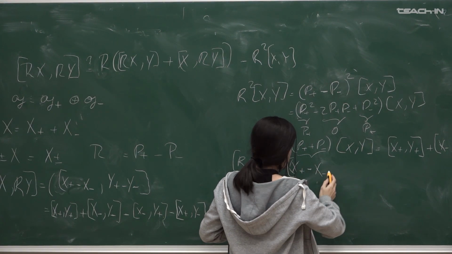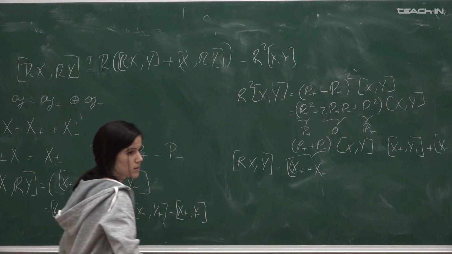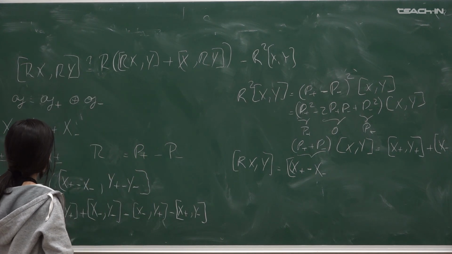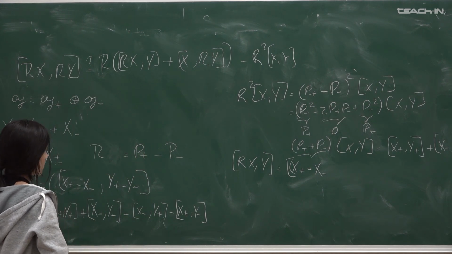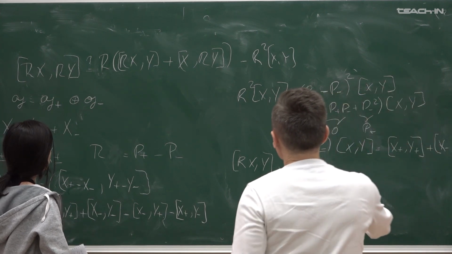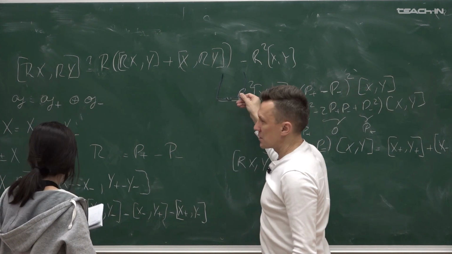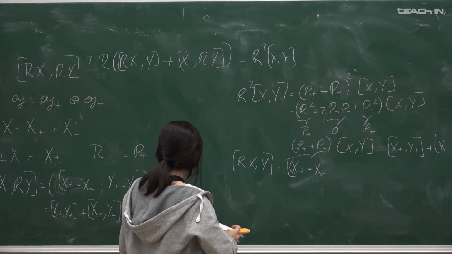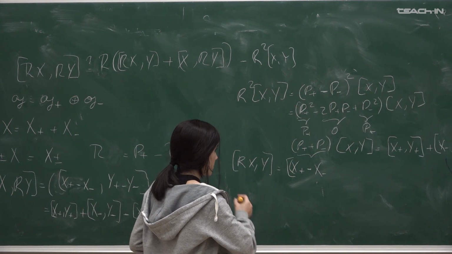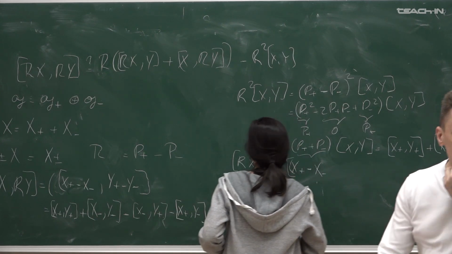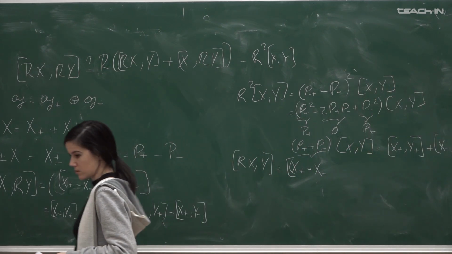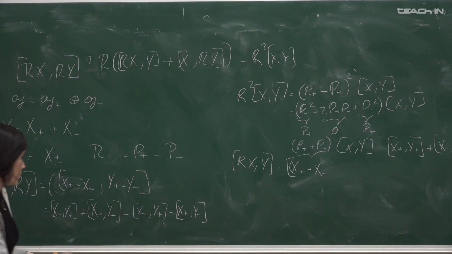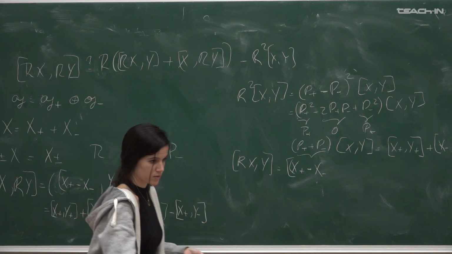Do you remember that this is our R bracket, which is inside the R? So this expression is our R bracket. It's the plus minus minus minus, but doubled. Yes, two times.